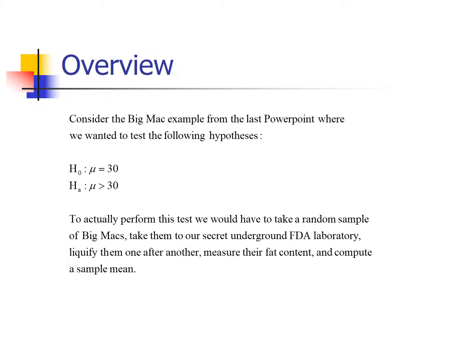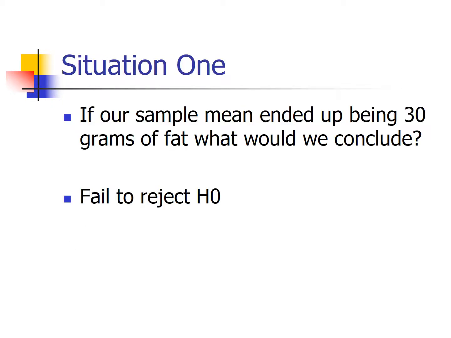Now, let's look at 2 possible scenarios. This is situation 1: if our sample mean ended up being 30 grams of fat, what would we ultimately conclude? Well, to be honest, there's no other outcome that could more strongly support the null hypothesis, agreed?